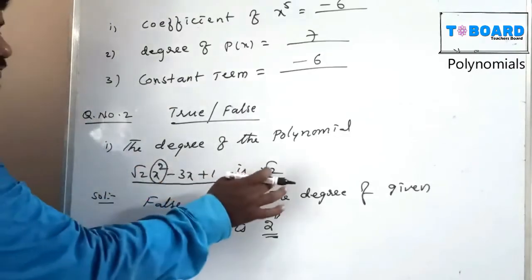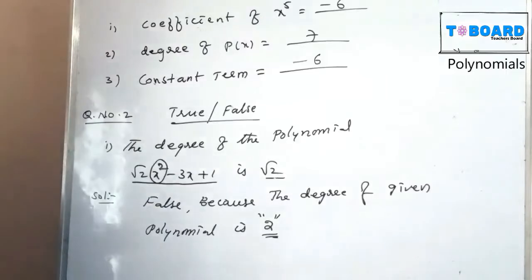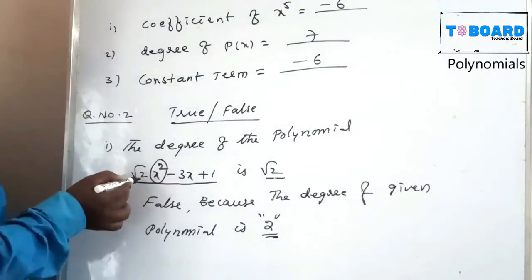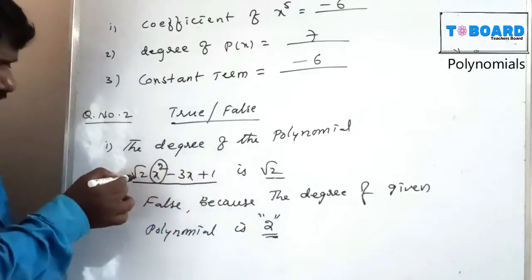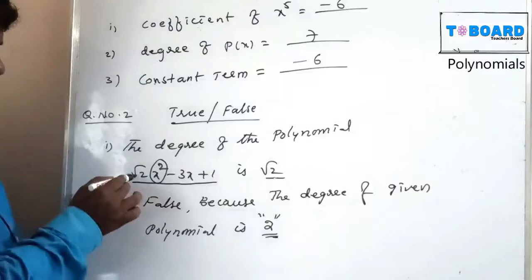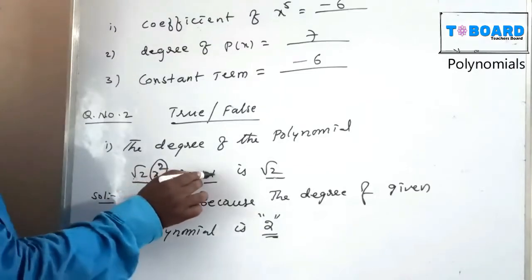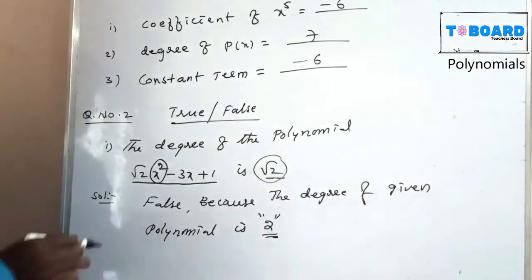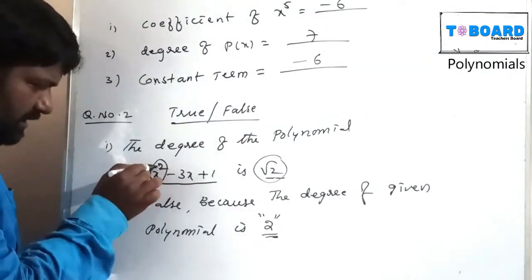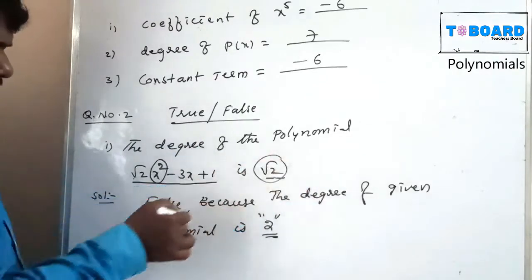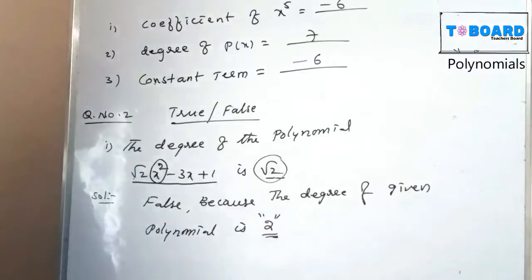But what is given? Root 2 is given. Root 2 is actually the coefficient of x square. But what is given? The degree of the given polynomial root 2 x square minus 3x plus 1 is root 2. Degree means the highest power of x. Here the highest power of x is 2. False, because the degree of the given polynomial is 2.